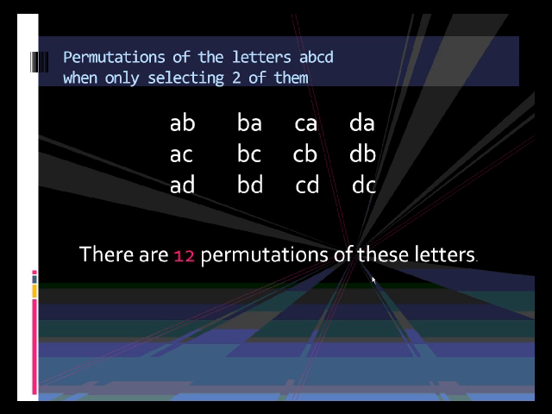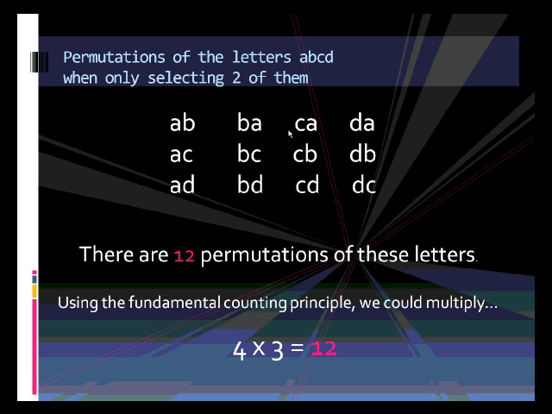Yeah, there's 2 slots, right? How many letters are possible for the first slot? 4. If we pick out of the hat, how many possibilities do we have for the first slot? 4. Now that we've picked one, how many possibilities are there for the next slot? 3. So it's just 4 times 3. We're starting off with 4 letters, right?